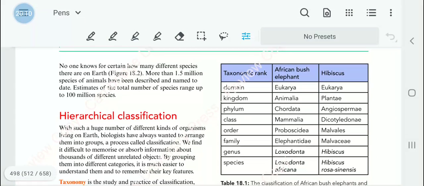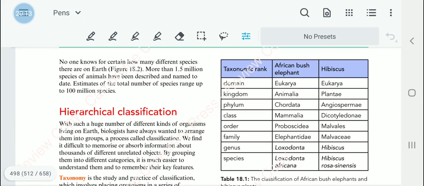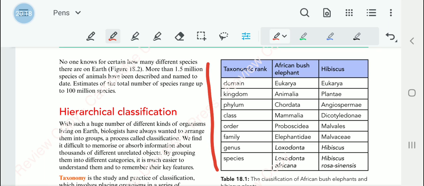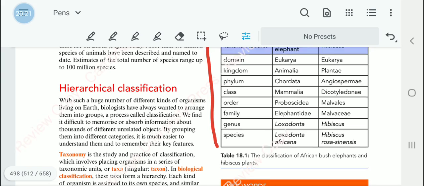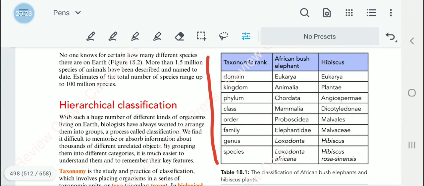Right, so now I would suggest that you write down this chart, chart 18.1, so that you can see the classification of the African bush elephant and hibiscus plants. That is something that you can understand. The hibiscus plants belong to domain Eukarya, then kingdom Plantae, phylum Angiospermae, class Dicotyledoneae. Now these are the terms that you have learned.